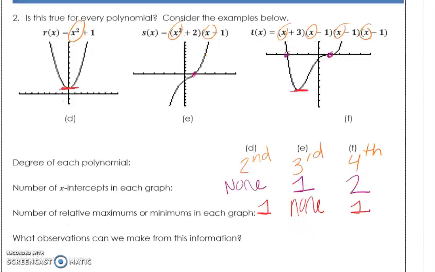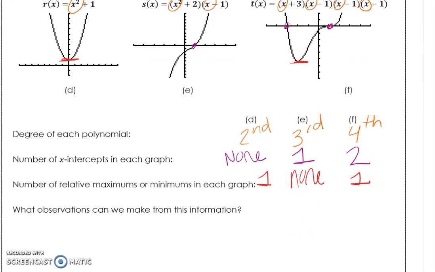So in this case, we see that the conjecture that we made before is not the case for all.